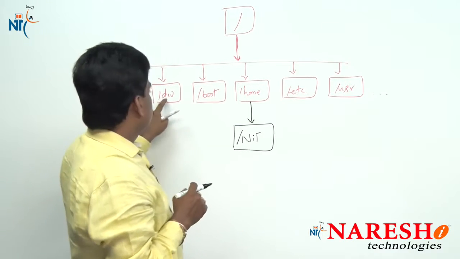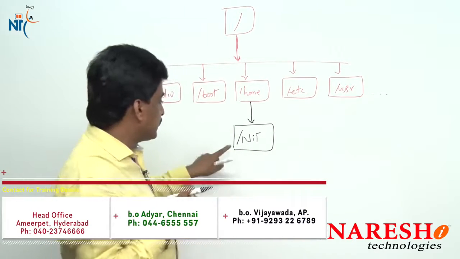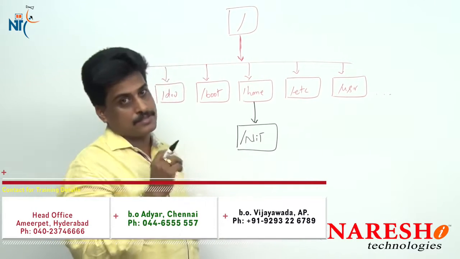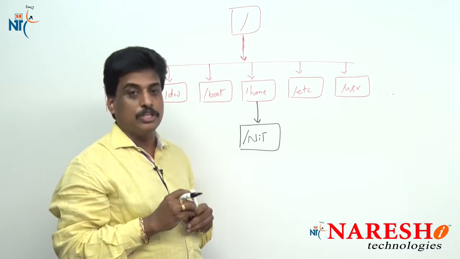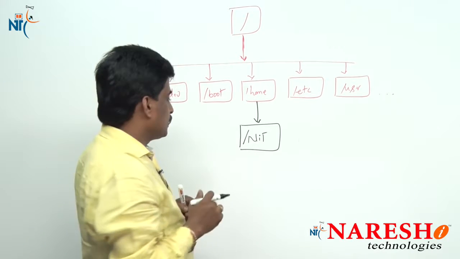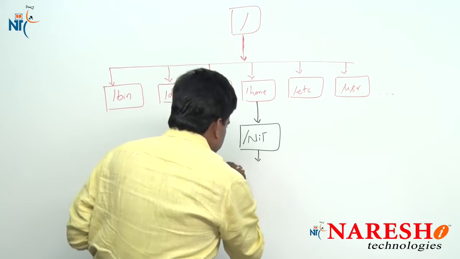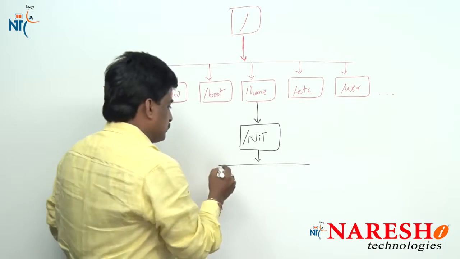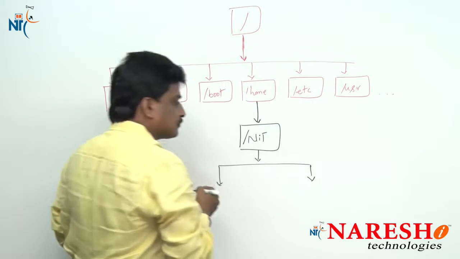But where the forward slash is available, this forward slash always indicates a directory in UNIX. All directories in the UNIX operating system are shown in dark blue color. Now in this NIT directory, there are other subdirectories available.